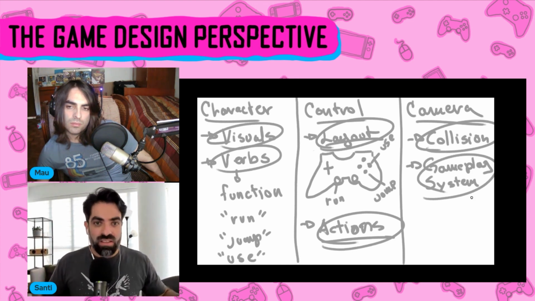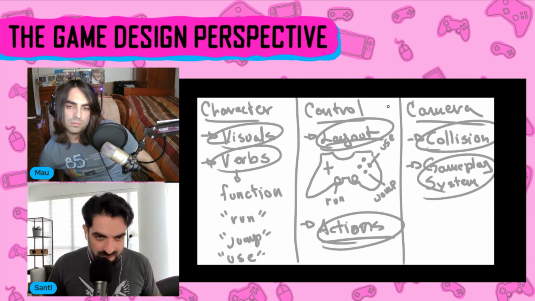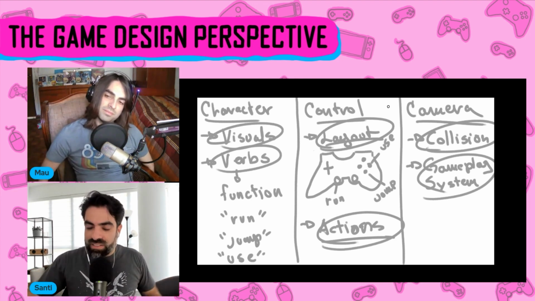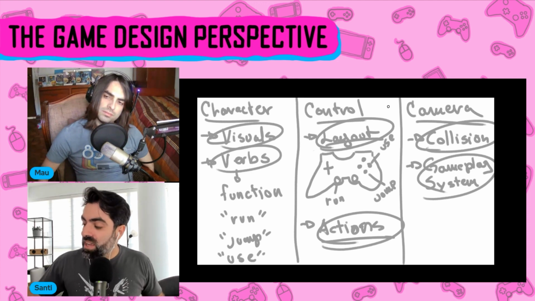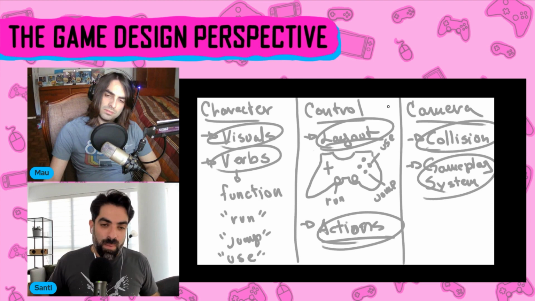6 objects divided in 3 categories that you need to define if you're making a game. Boom. Character equals visuals plus verbs. Control equals layout plus actions. Camera equals collision plus gameplay systems.